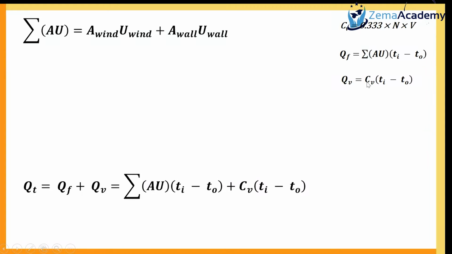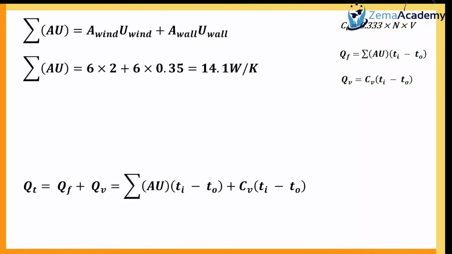So it should be 20 multiplied by 20. It's 400. Yes, good, excellent. And the total needs to be the sum of fabric and ventilation, so it should be 680 plus.